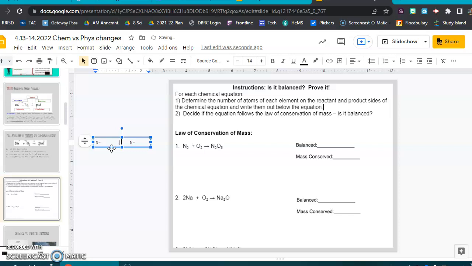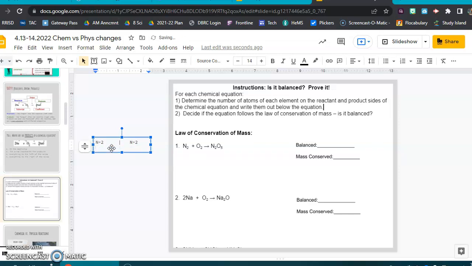There we go. So how many N's do I have on the left side? There's my equal sign. I have 2, because that's what the subscript says. How many nitrogens do I have on the right side? 2, because that's what my subscript says.